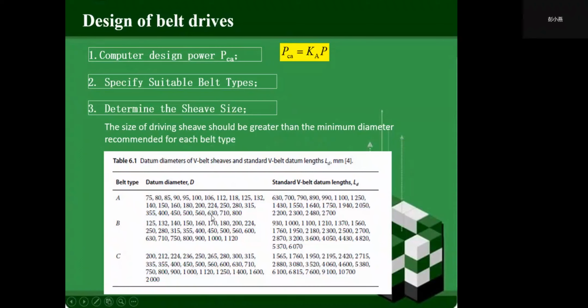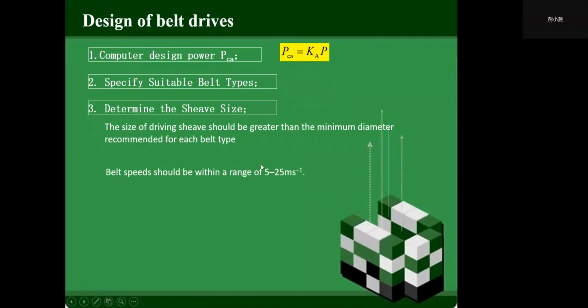Then we use the relationship between the diameter of driving pulley and driven pulley and the speed ratio to calculate the diameter of the driven pulley and choose a standard value. And then we check the selection.